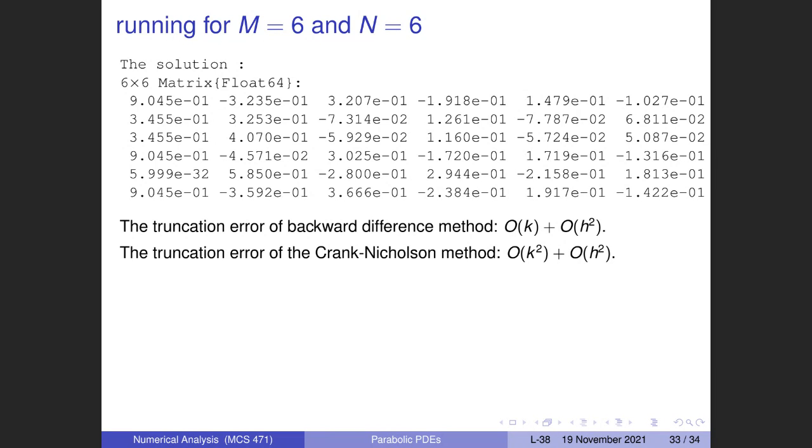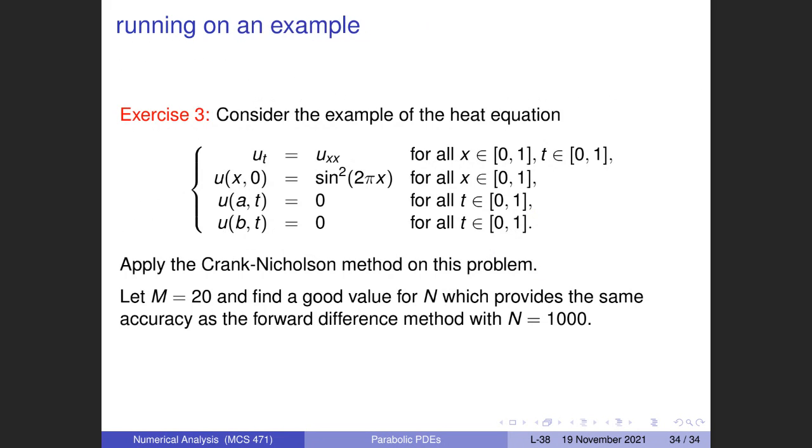So that's essentially it. I will end. So the main difference, let me emphasize this, between the backward difference and the Crank-Nicolson method is the time stepping. So one last example. If you solved exercise 2, then with exercise 2 you couldn't really gain much more accuracy.